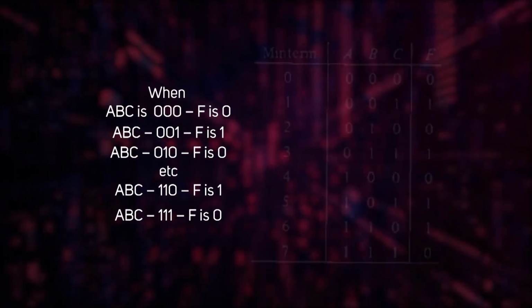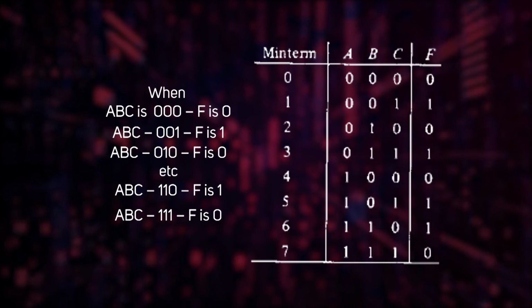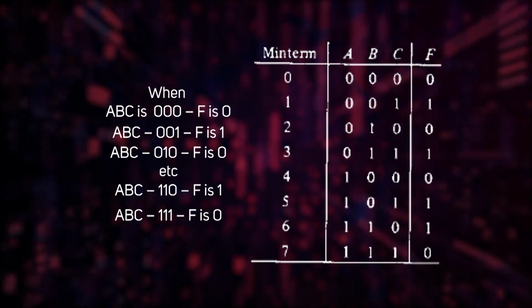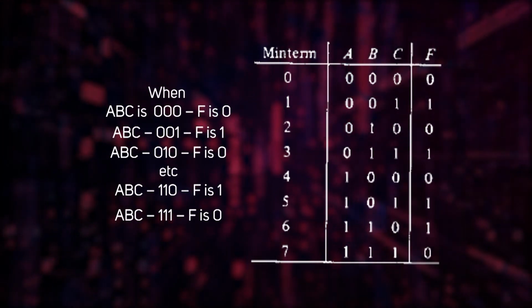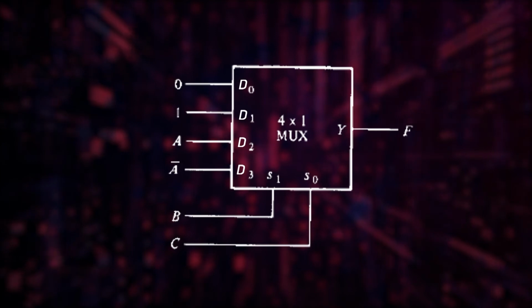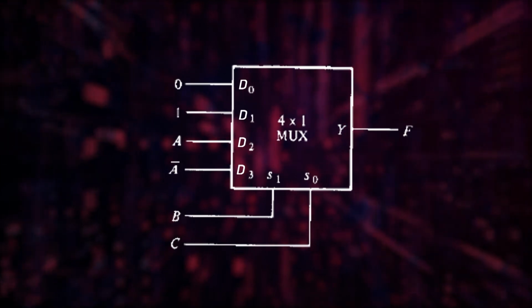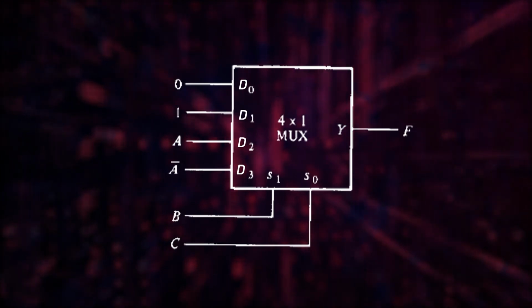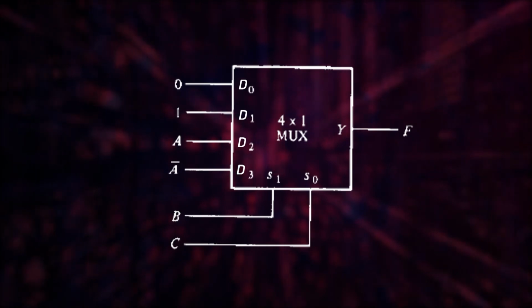And the implementation can be done as shown in this diagram. The 4 data inputs D0, D1, D2 and D3 are 0, 1, A and A complement respectively. The select lines S1 and S0 are B and C.